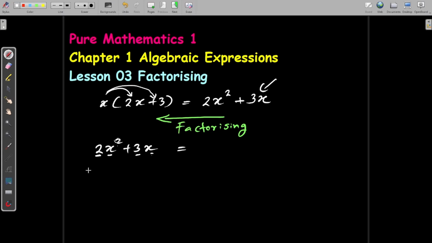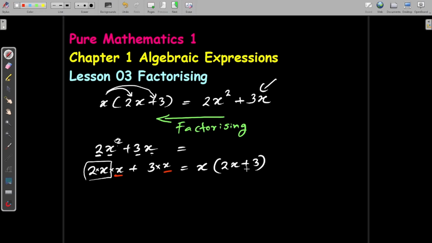I will write 2x to the power 2 as 2 times x times x, and the second term as 3 times x. Now you can clearly see only x is common, so I take x out and write the remaining terms inside the bracket. Here the only remaining part is 3.